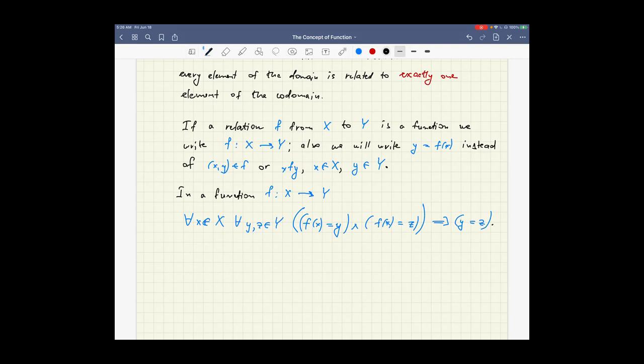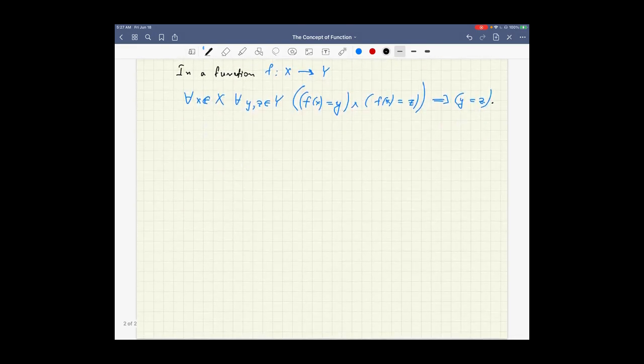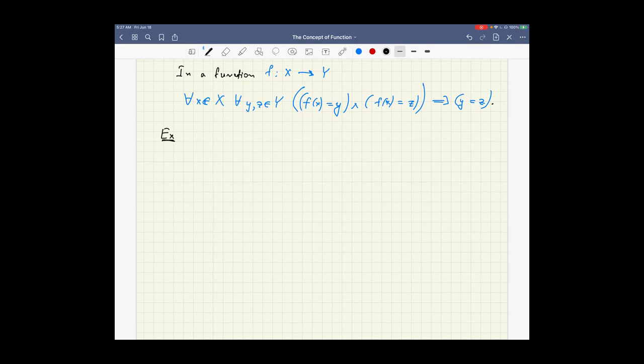Of course, not every relation is a function. Every function is a relation, but not every relation is a function. And let's see some examples. Let, in this example, A be the set {1, 2, 3, 4}, and B be the set {1, 2, 3, 4, 5}.